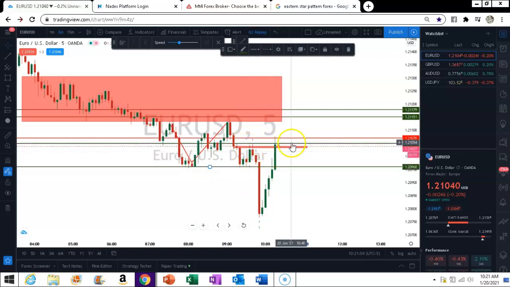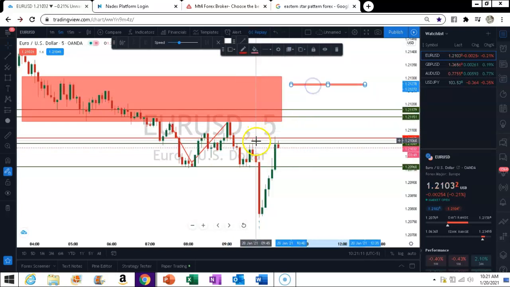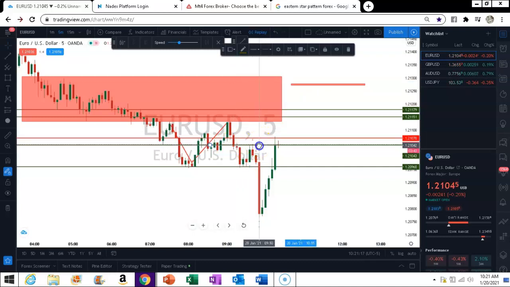Okay, so here, to get all 3 of these wicks, you have 1, 2, and 3 touches before it makes this move to the downside. This is when the market really plunged, because this was after the open, the New York session this morning.